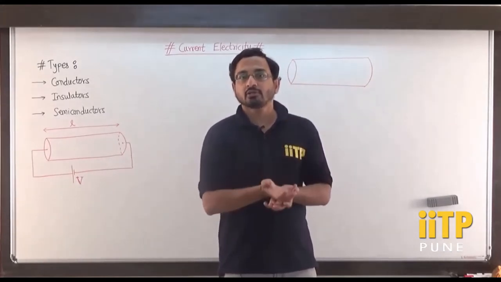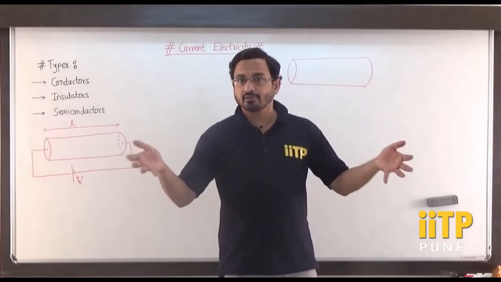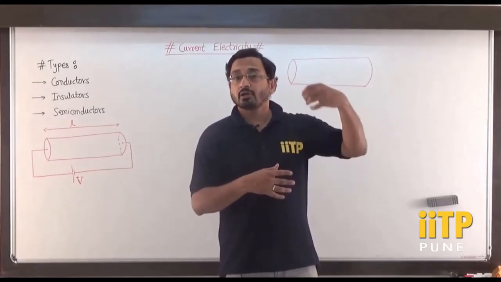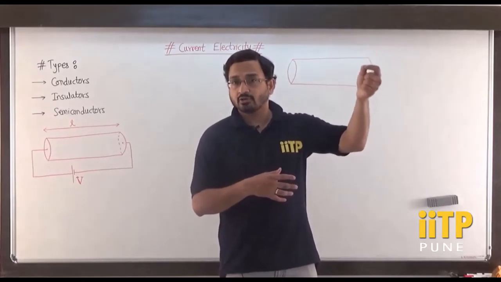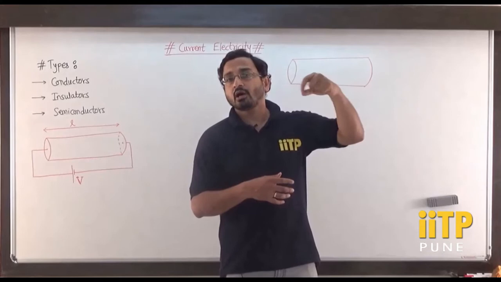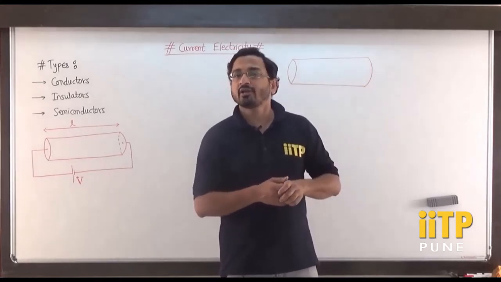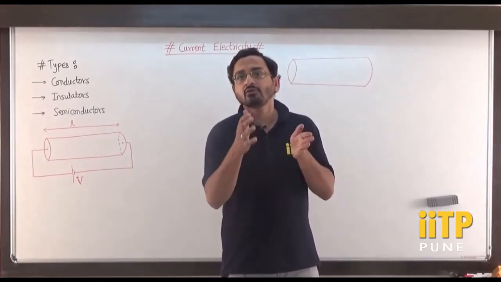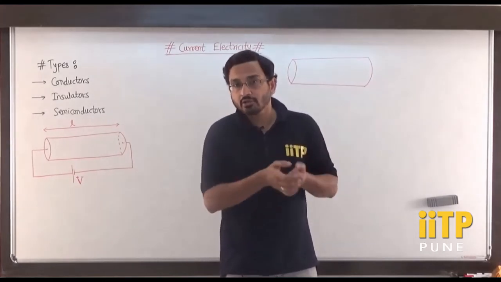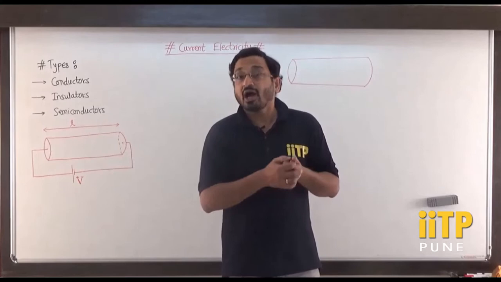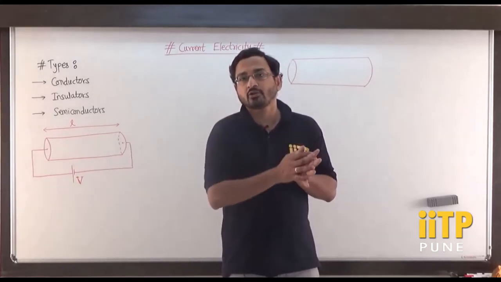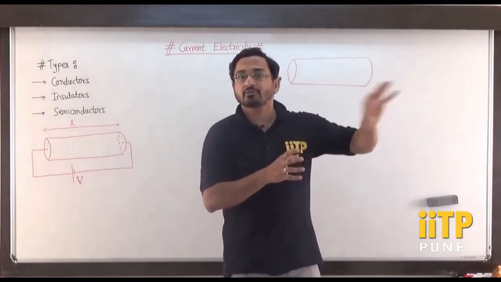You got some material, and in that material there are billions of atoms, and every atom contains many electrons, but out of all these electrons, only the outer shell electrons get free. In other words, they are very loosely bound to that atom. So we are not saying that all the electrons are free or unattached to an atom. We are saying only a few of the electrons are free from each atom.